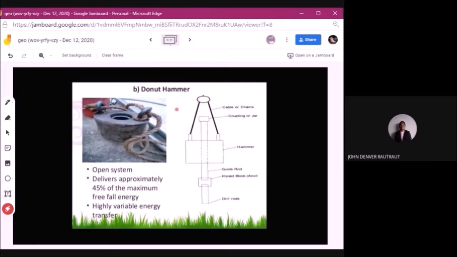So the next kind of hammer is the donut hammer. A donut hammer is an open system that delivers approximately 45% of the maximum freefall energy. It also has highly variable energy transfer. On the right, you can see an example of a donut hammer.